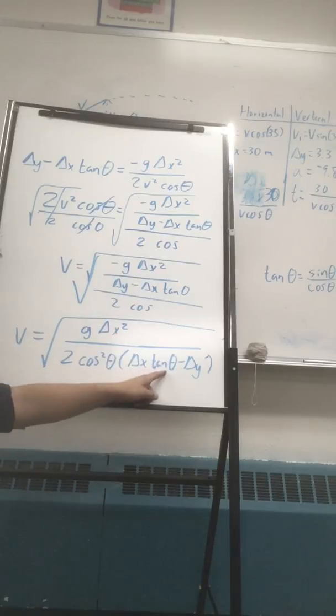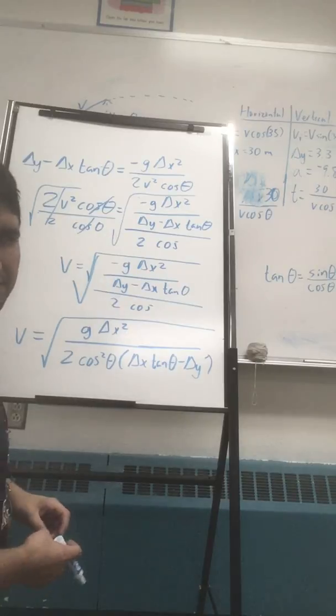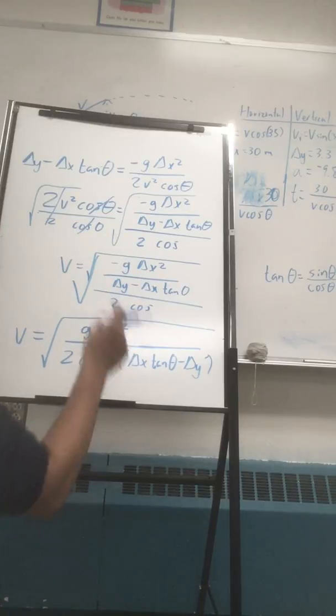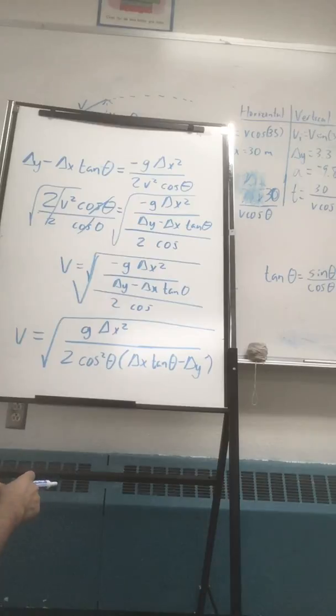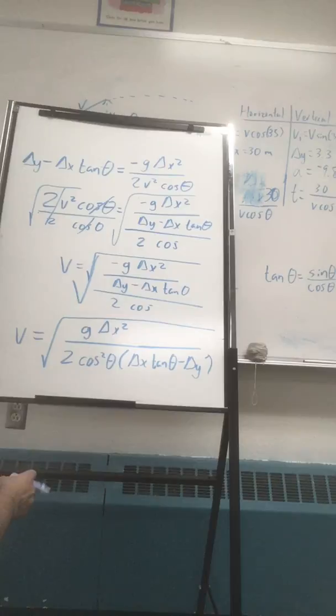Tangent, I know the angle, and I know the height they gave me in the problem. So all I need to do is, I solved it with variables, but this is how you find the velocity of any problem that they give you the angle and you're looking for this velocity. That's all they give you.